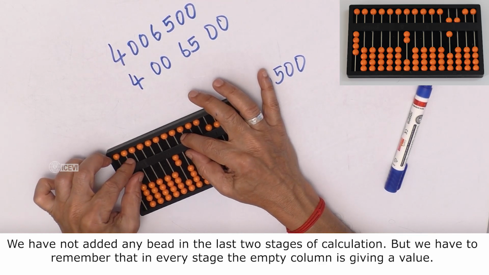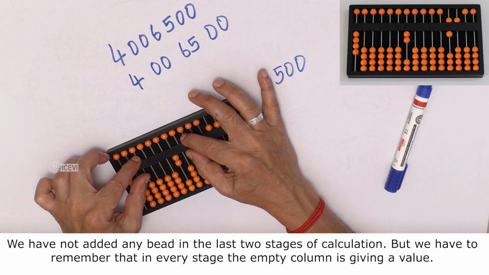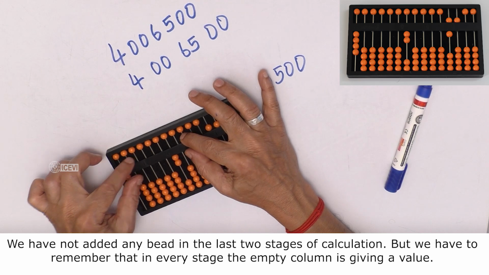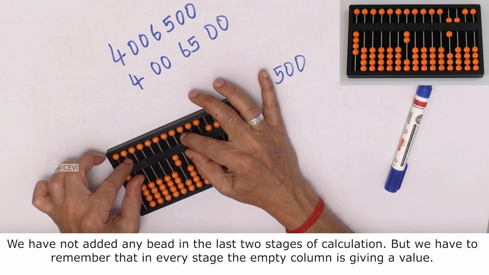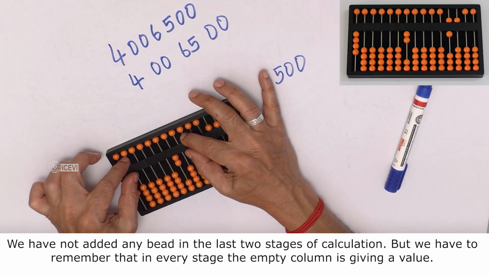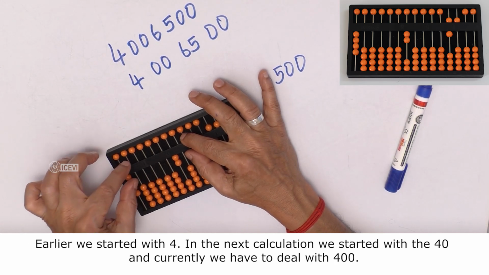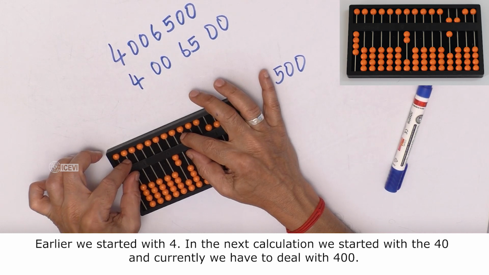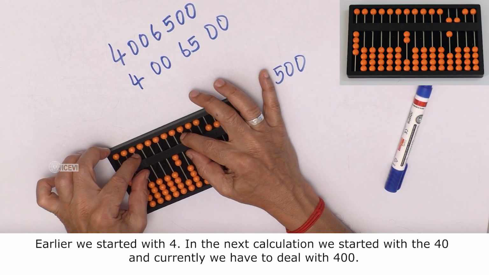We have not added any bead in the last 2 stages of calculation, but we have to remember that in every stage, the empty column is giving a value. Earlier, we started with 4. In the next calculation, we started with the 40 and currently we have to deal with the 400.